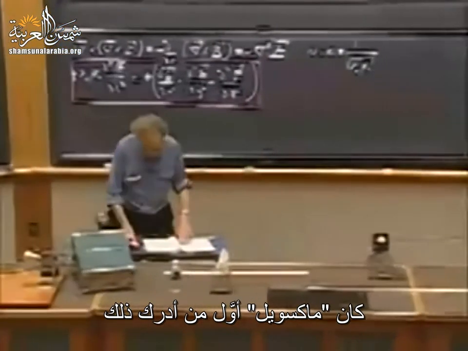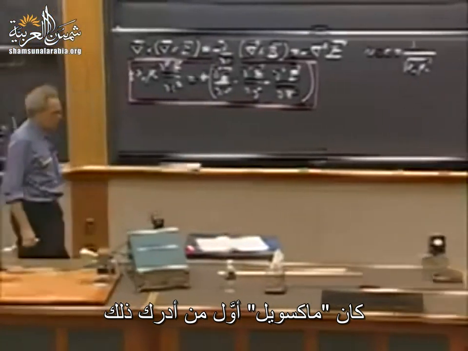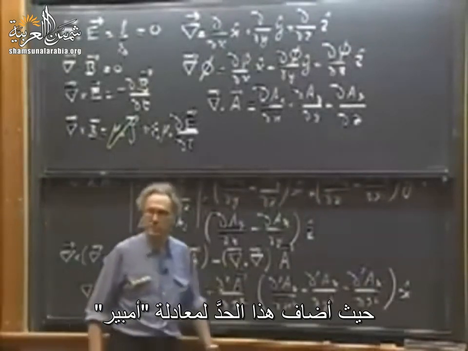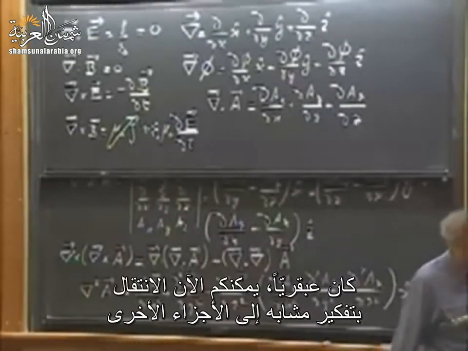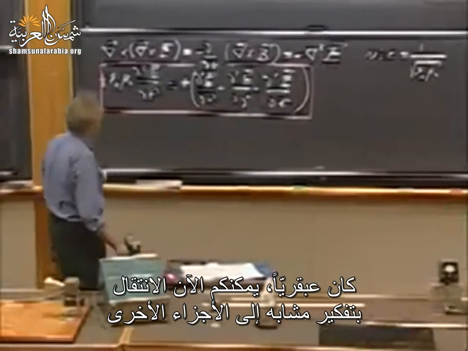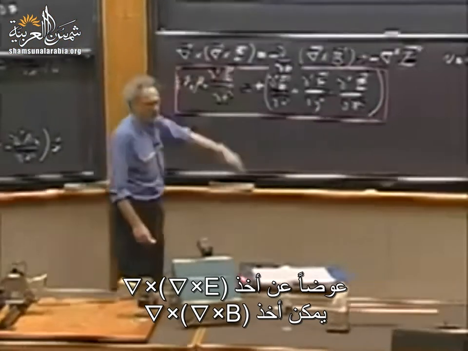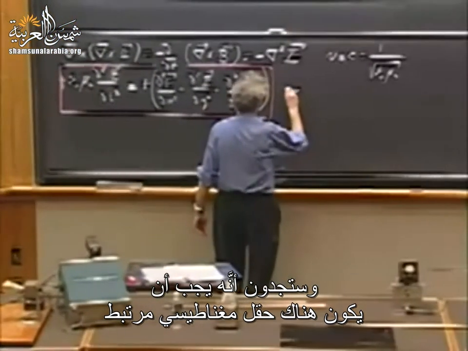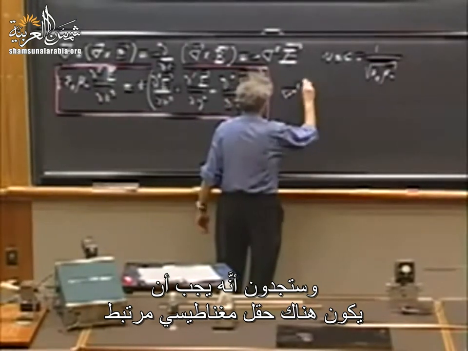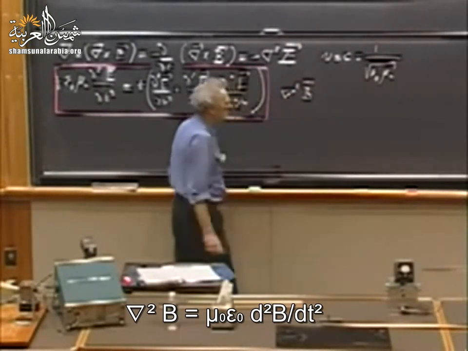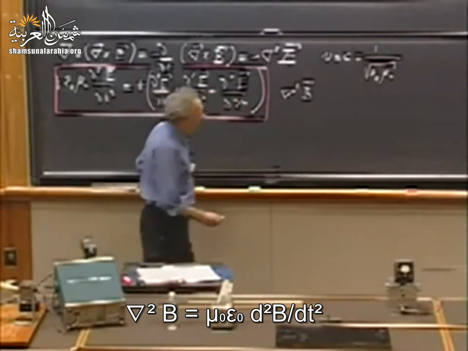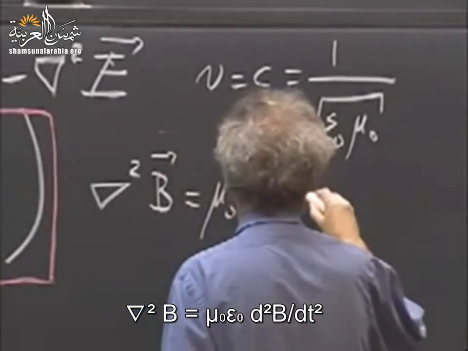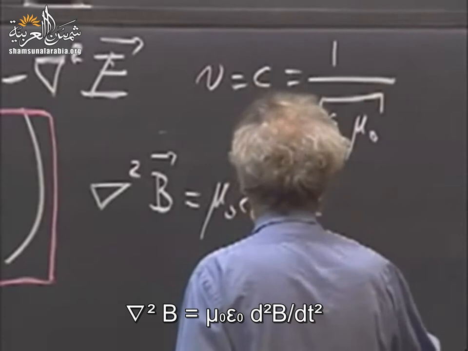And it was Maxwell, of course, who was the first to recognize that, because this was only possible because he added this term to Ampere's equation. He was a genius. Now you can go through a similar reasoning. Instead of taking the curl of E, you can take the curl of B, and then you will find that there must be an associated magnetic field for which del squared B equals mu 0 epsilon 0 times d2B/dt squared.